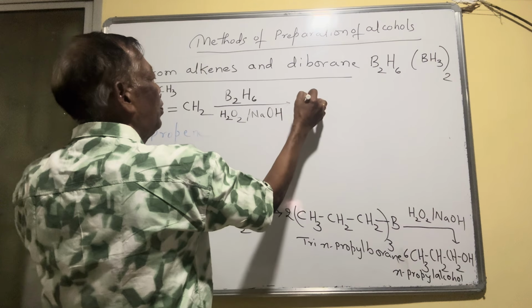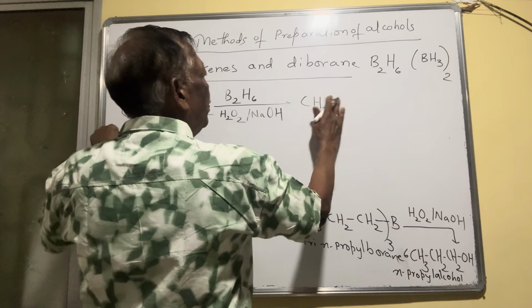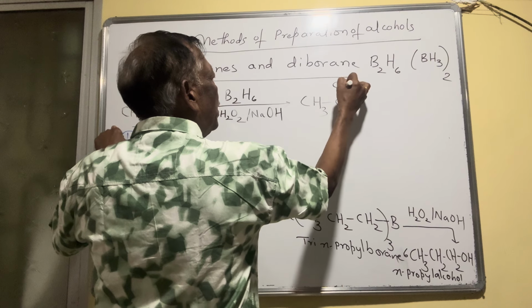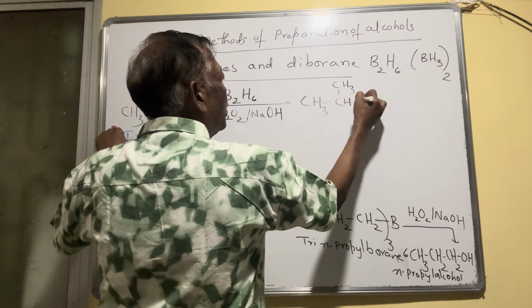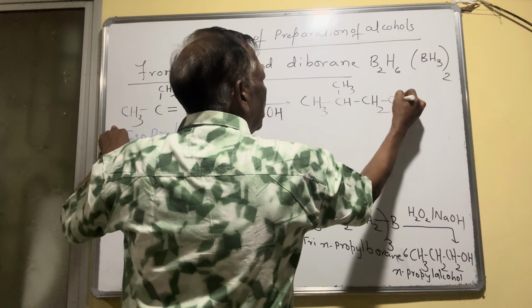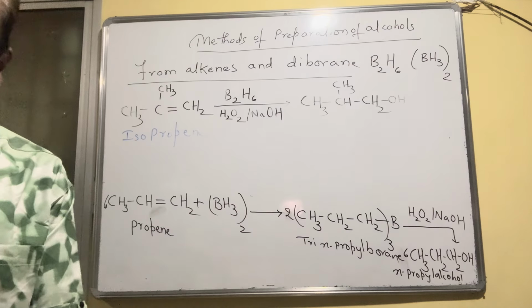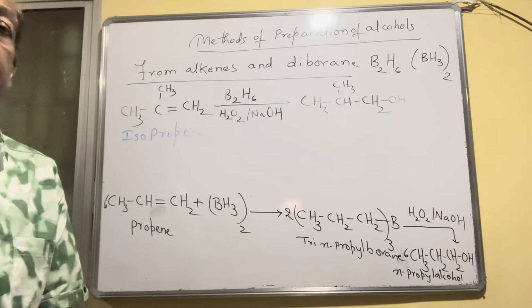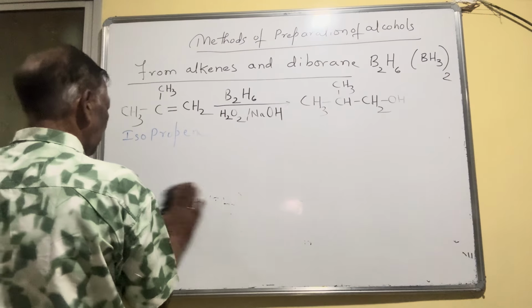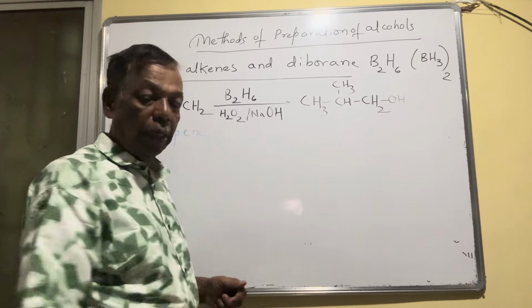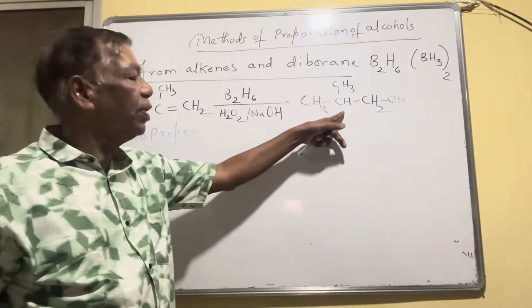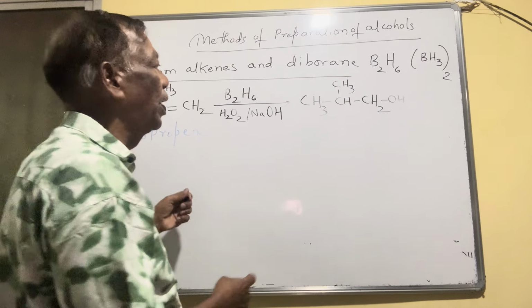The product will be CH3, CH, CH2OH. This is how you get the product. Now this will also be a primary alcohol. Although it looks to be tertiary, remember students feel that this is tertiary, it is not tertiary, it is a primary alcohol.